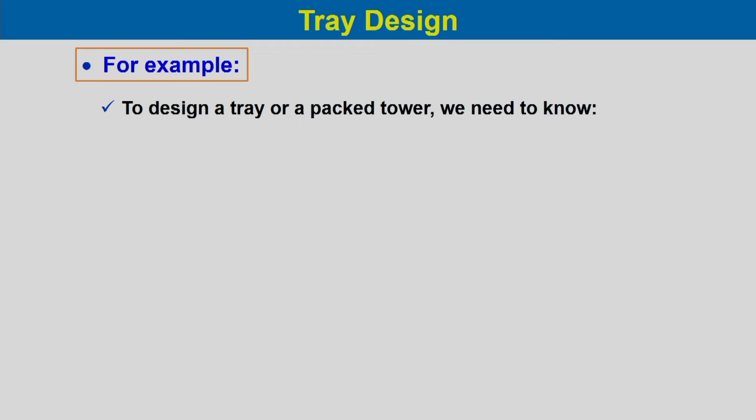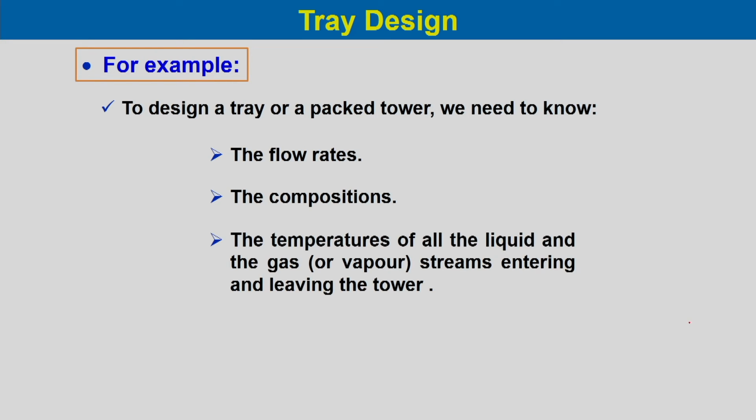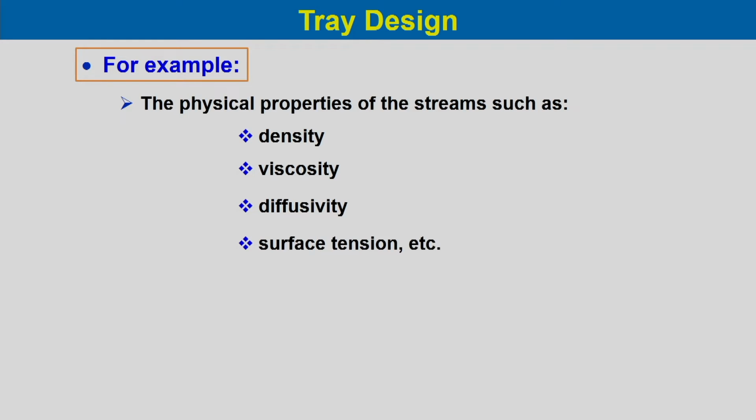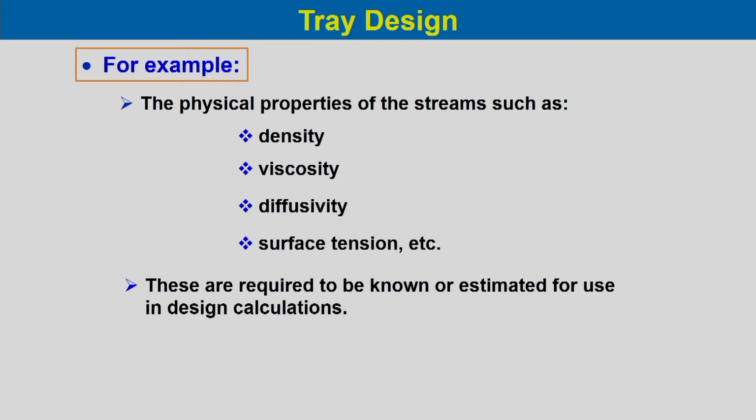For example, if we take a tray or a packed tower, we need to know the flow rates, the compositions, the temperature of all liquid and the gas or vapor streams entering and leaving the tower, and then the operating pressure. The physical properties of the streams are also required, such as density, viscosity, diffusivity, surface tension, etc. These are required to be known or estimated for use in design calculations.